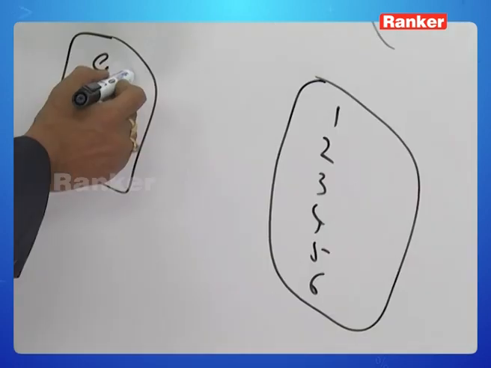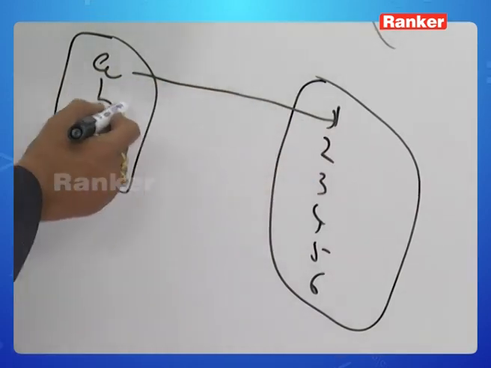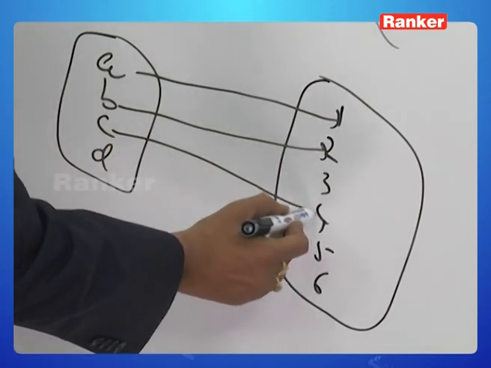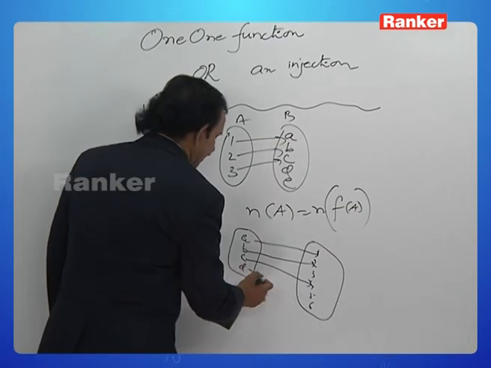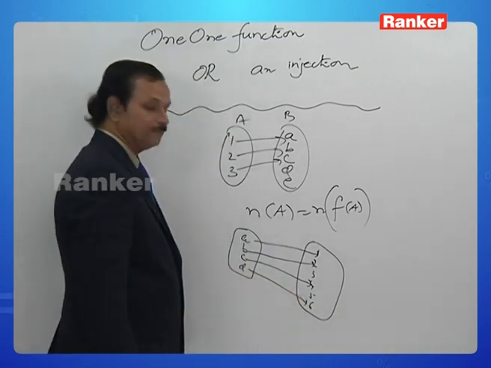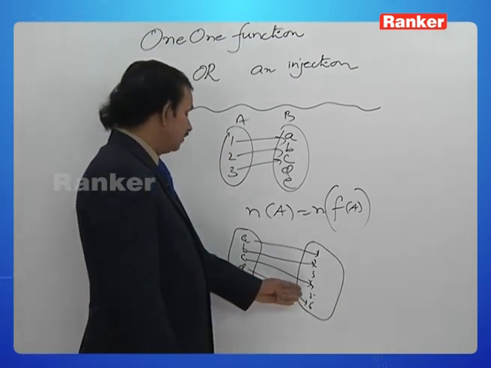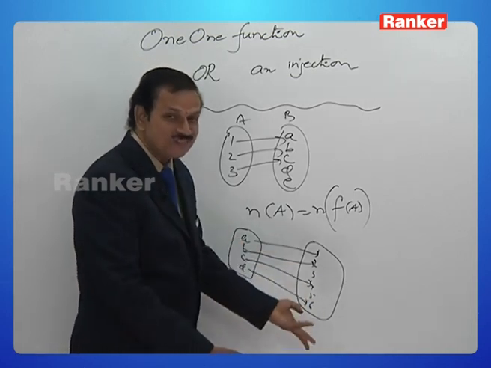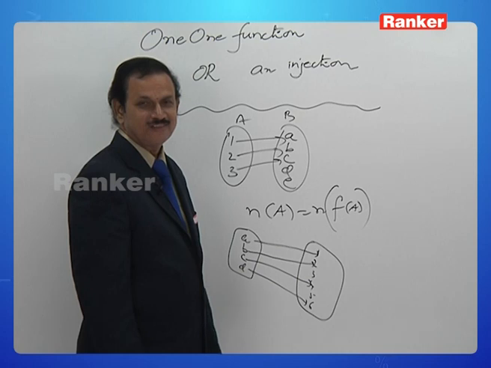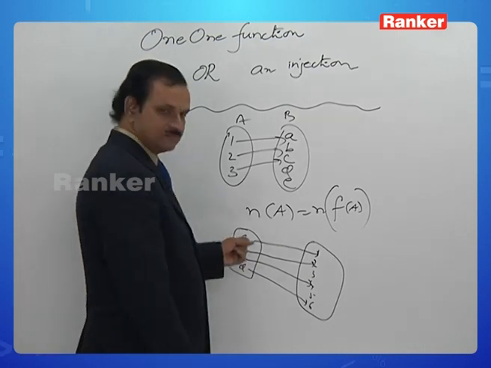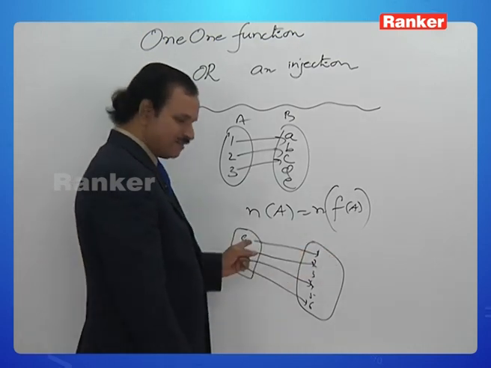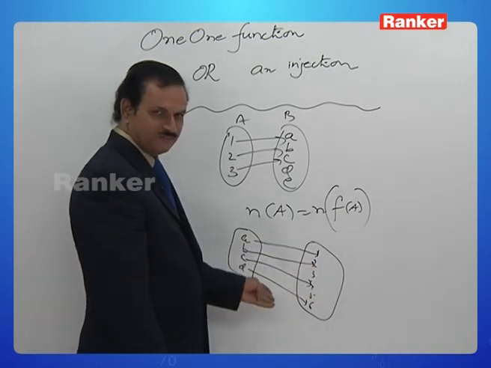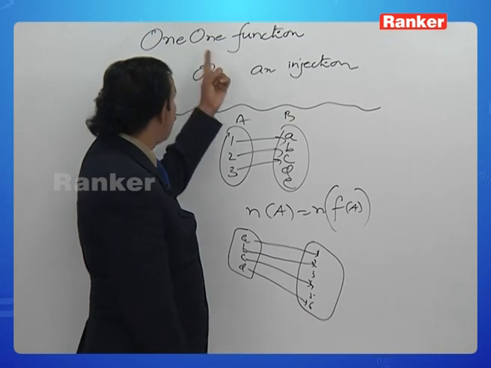Well, this person sits in this chair, this person sits in the chair, this person may sit in the chair, this person may sit in the chair. Even though the seats are empty, can one man sit in 2 chairs? Foolish. Not possible. 1 to 1. One element to possess one image. That is why this function is termed as 1-1 function.